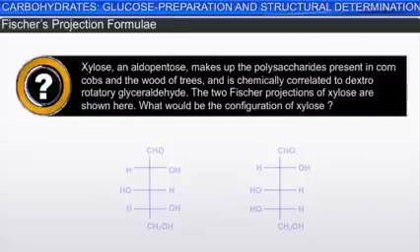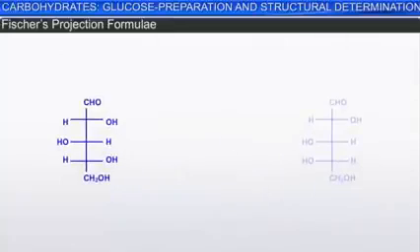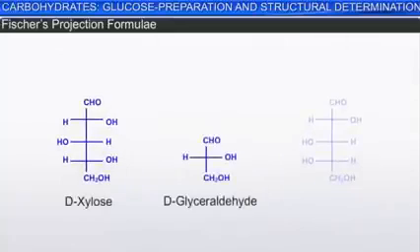What would be the configuration of xylose? We know that the plus isomer of glyceraldehyde is assigned the configuration D arbitrarily. By comparing the configuration of the lowest asymmetric carbon in xylose with this glyceraldehyde, we can assign the configuration D to xylose.